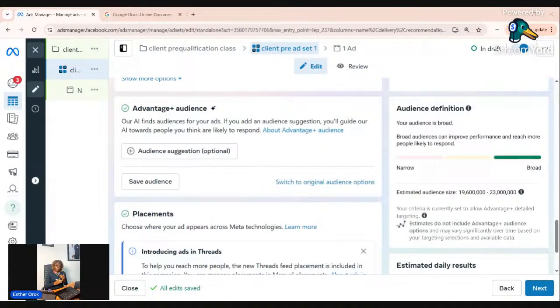If you're selling a property in the city of Abia, right, and you're targeting the whole of Nigeria, you're telling the algorithm to sieve people in the whole of Nigeria. Now, it's going to take a lot of money for the algorithm to find people in the whole of Nigeria who are interested in buying property in Abia State, right?